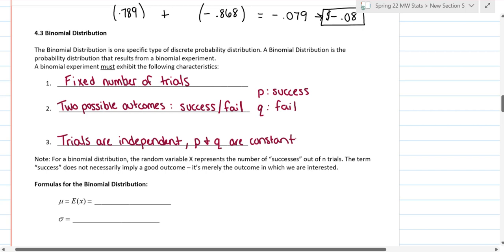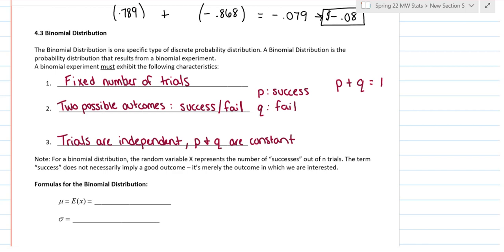So if p and q are the same every time, then if I add them together, I'm going to get 1. Okay, so those are your stipulations for a binomial distribution.